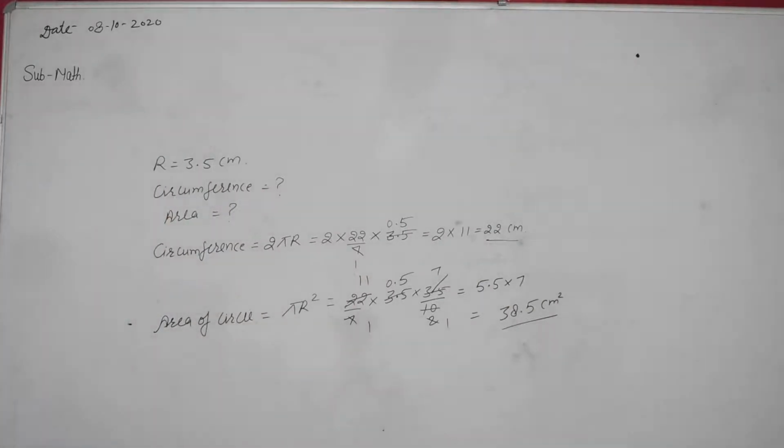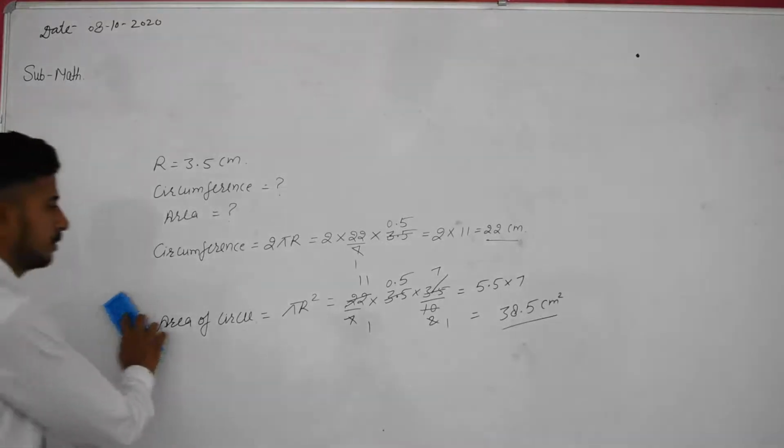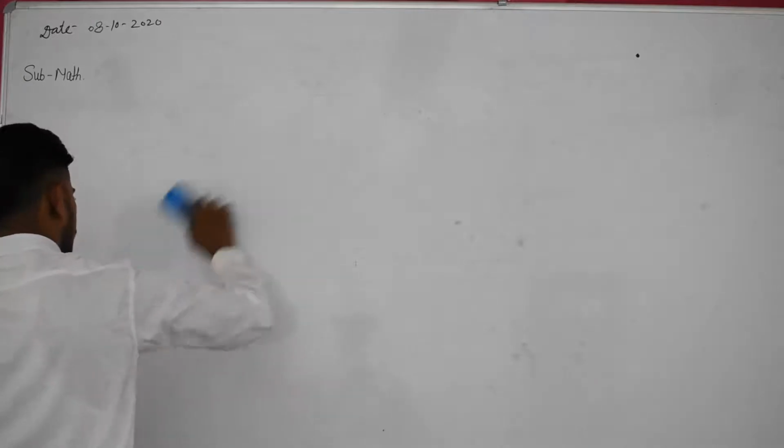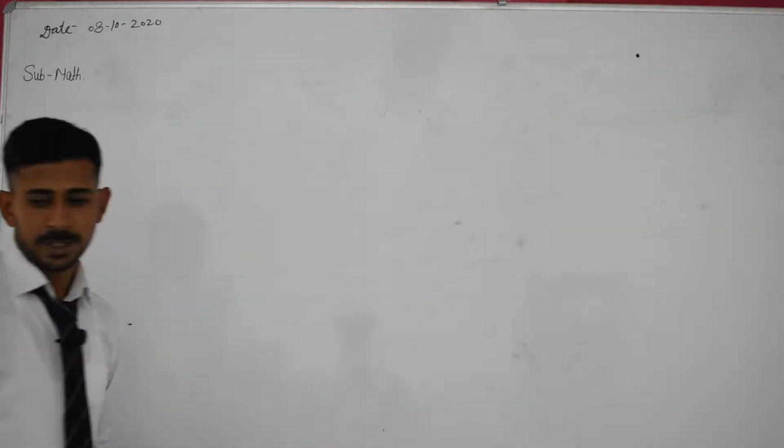Next, second question. Second question is, the circumference of a circle is 44 meter. Find the area of the circle. Circumference of the circle is 44 meter.